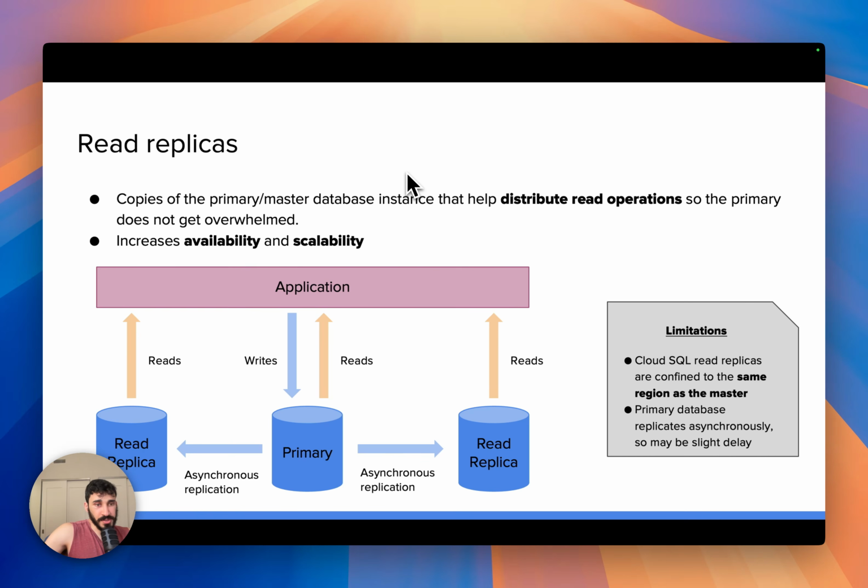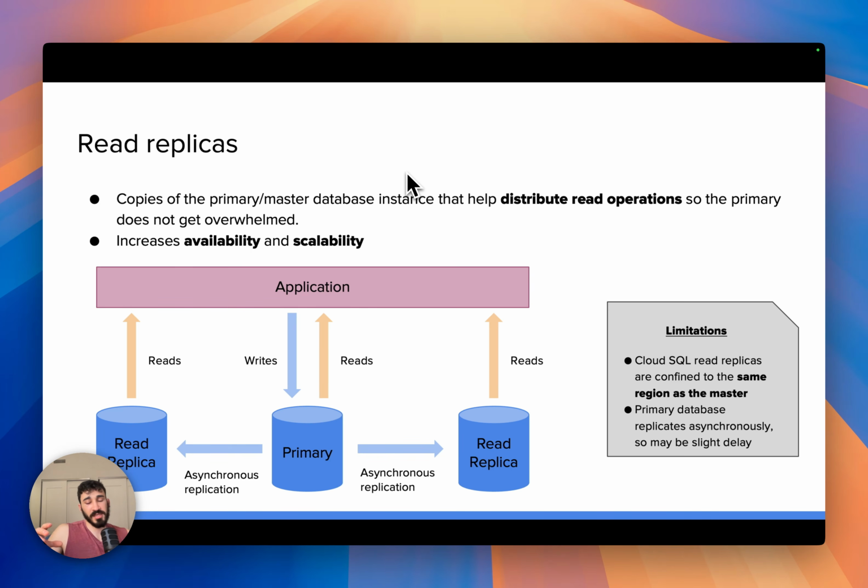Let's cover read replicas now. Read replicas are copies of the primary or master database instance in Cloud SQL that help to distribute read operations so that the primary does not get overwhelmed. And it increases availability and scalability. So imagine here we have writes and reads coming in from the application to the primary instance.